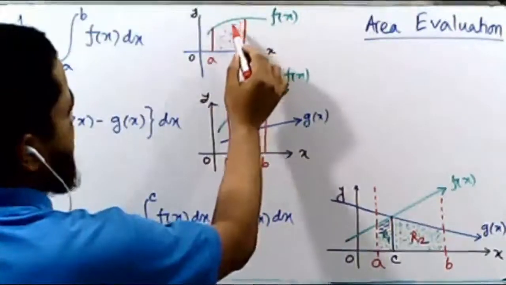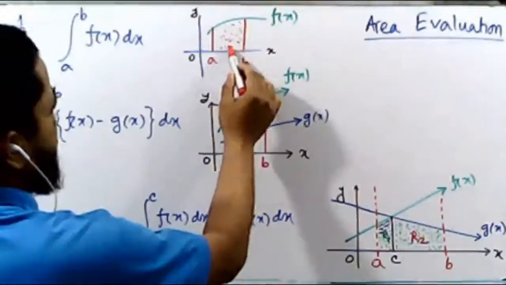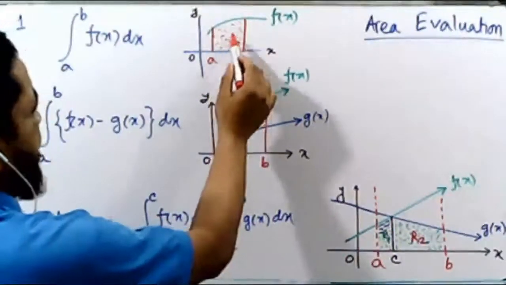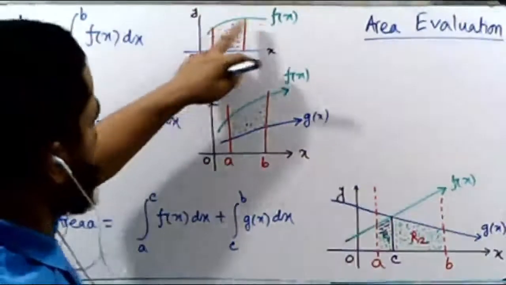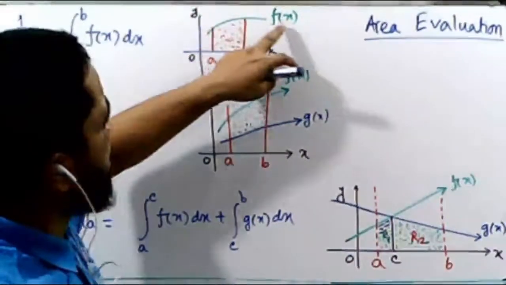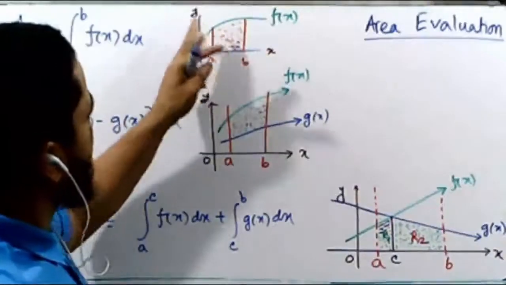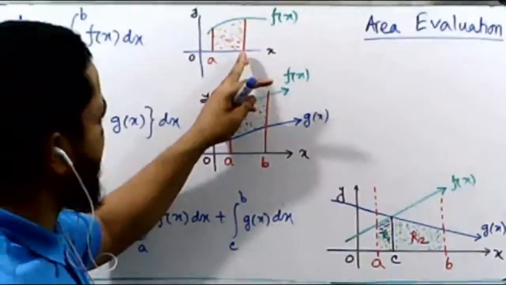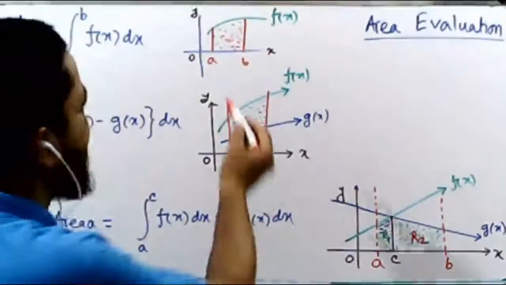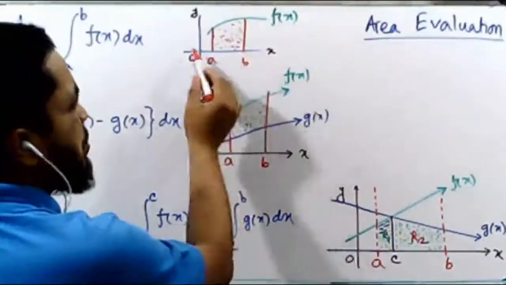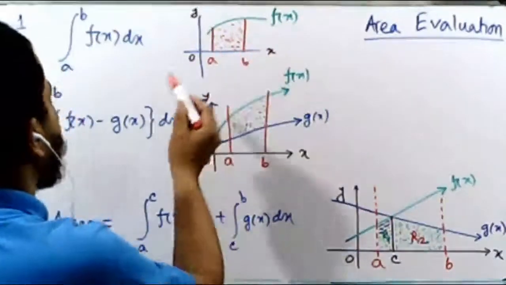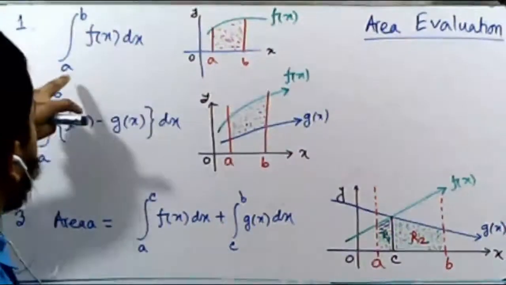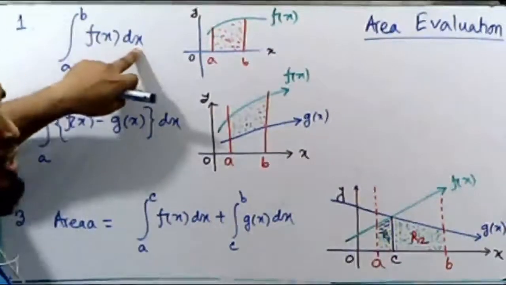So for this type of function, what is the formula to calculate the area? For this sort of function, that is only f of x bounded by two lines x equals to a and x equals to b, there is another boundary which is x-axis, so at that time area will be integral a to b f of x dx.